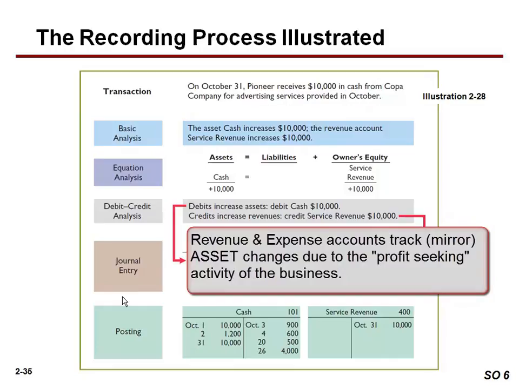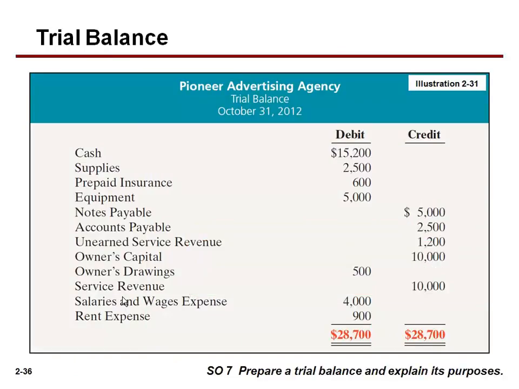At month end, companies will pull what's called a trial balance. This is simply a listing of all accounts in the ledger and their respective month-end balance. In this case, the excess of debit entries to credit entries in cash was a $15,200 balance in the cash account.